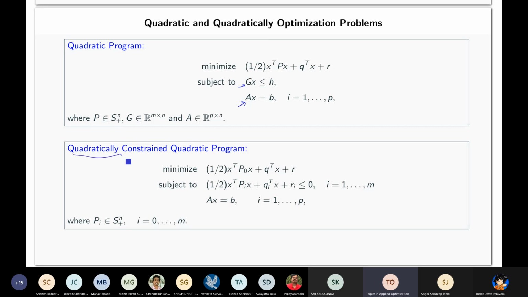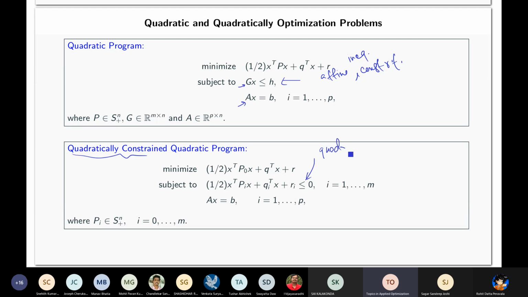Now, quadratically constrained. Here it was an affine inequality constraint, and if I drop this restriction and make it quadratic, let us say we extend it by one step. The next step after affine is quadratic, right?